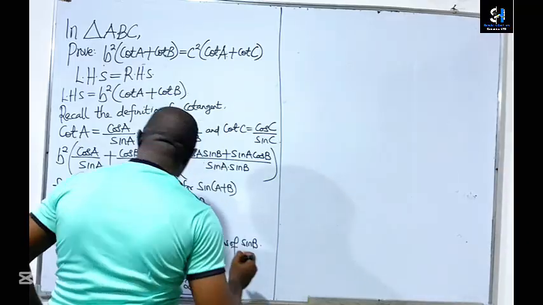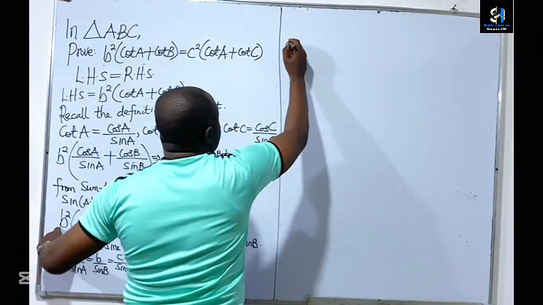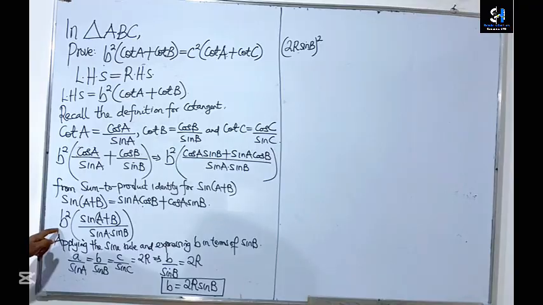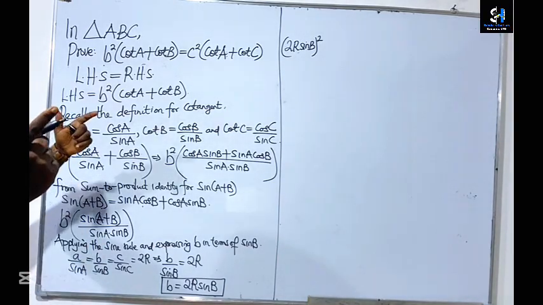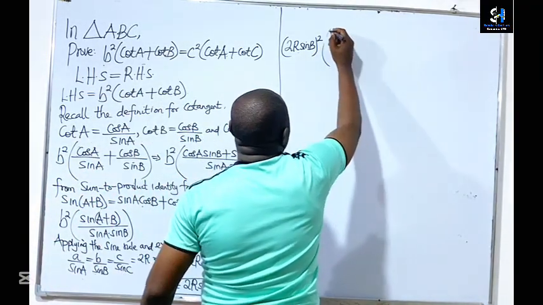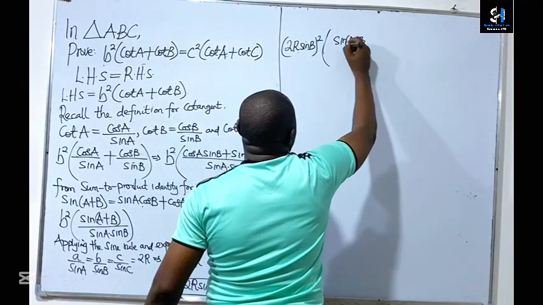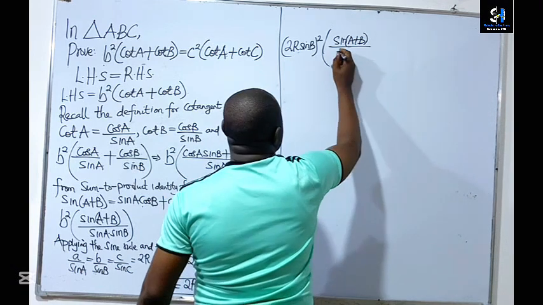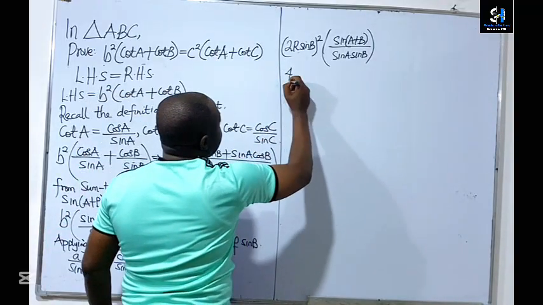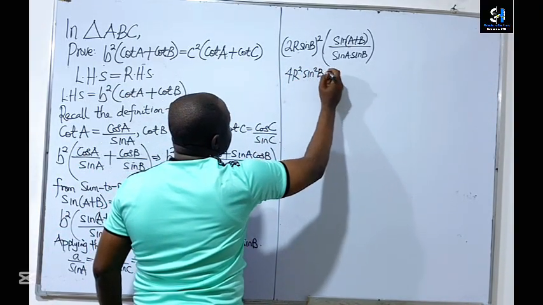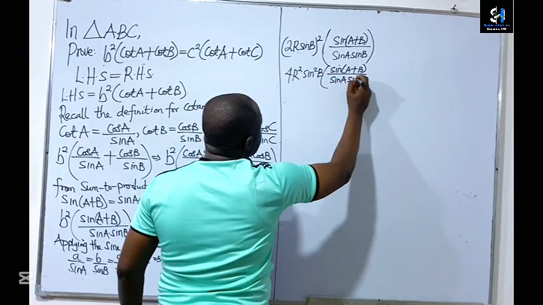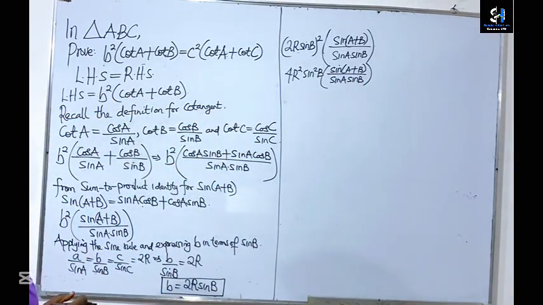For b squared, we're going to have 2R sine B raised to the power of 2, because b equals 2R sine B. Then in parentheses, we have sine (A plus B) divided by sine A sine B. So this will be 4R squared sine squared B (sine (A plus B) divided by sine A sine B).